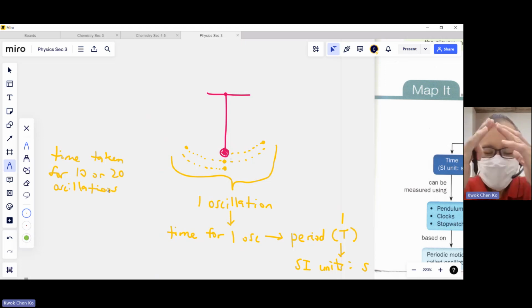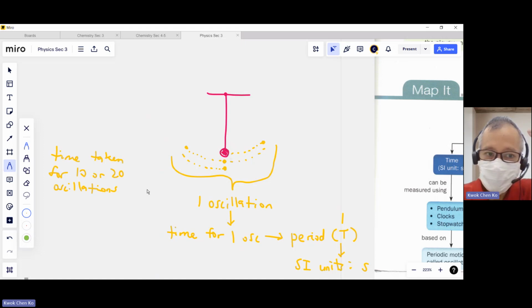Because it's not going to be accurate if it just swings within a second. You have reaction time, you have observation time. Your finger does not press as fast as you would like to. So all this will constitute error in measurement.